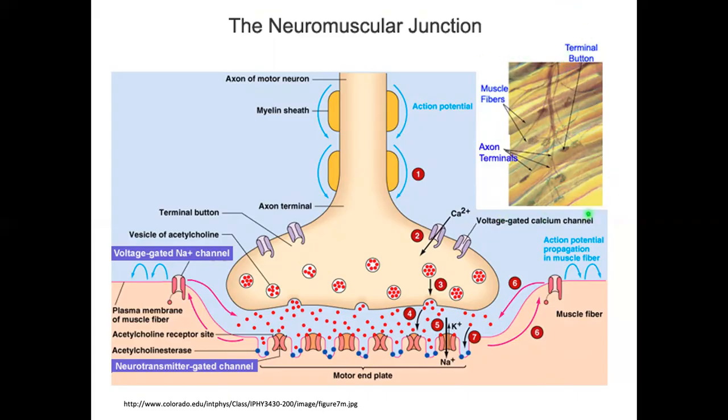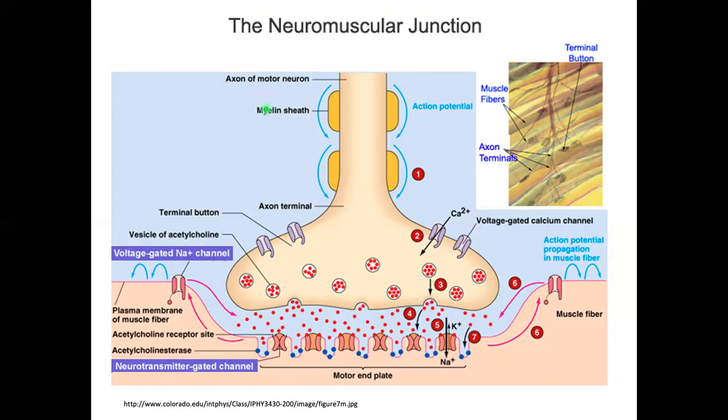A motor unit is one motor nerve and all of the muscle fibers it innervates. Where the axon terminal region connects to the muscle fiber, we call that the neuromuscular junction. And so here's a picture of it. So here's a motor nerve, and then below that is the muscle.